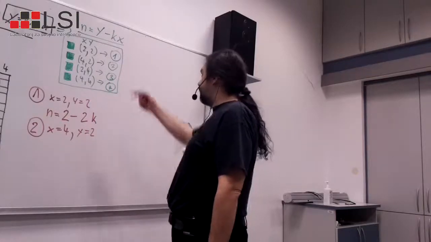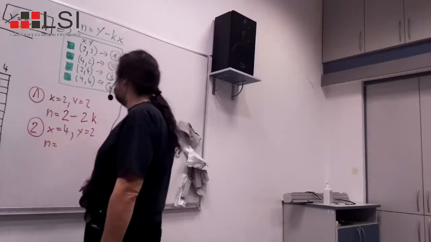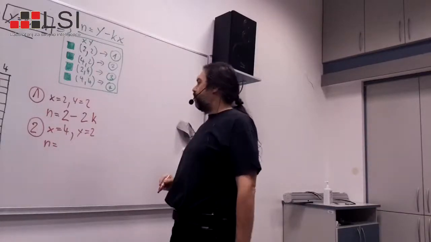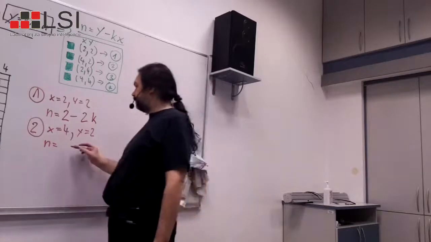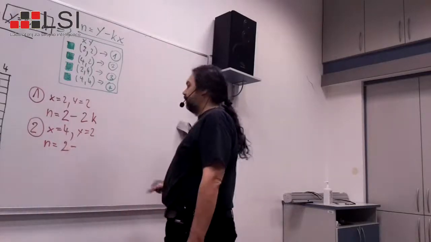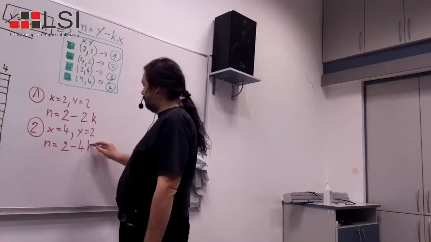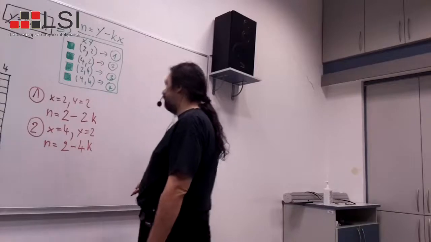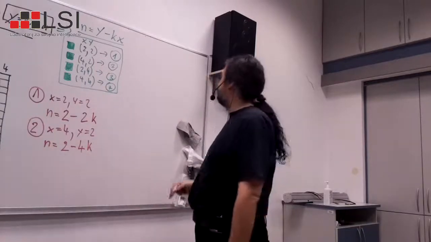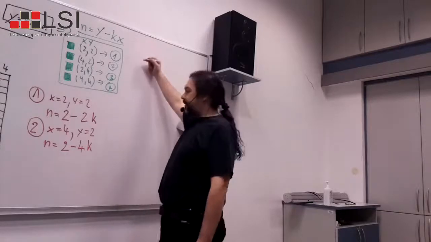And of course our equation that is here now becomes n is 2 minus 4 times k. Okay? So this is for voter number 2. So let's go on here and do it.